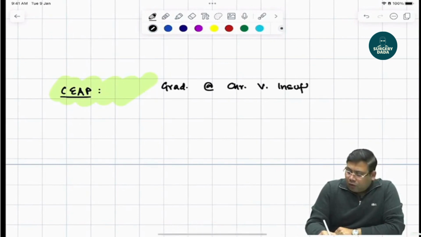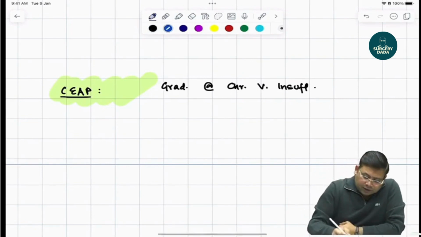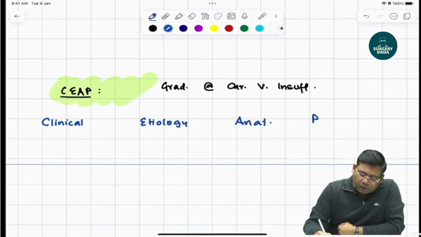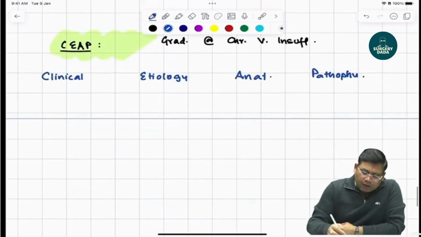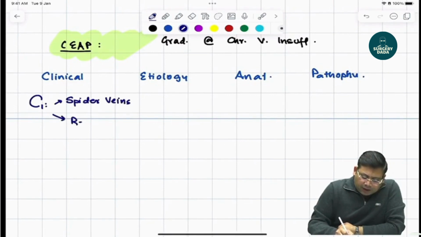C stands for clinical, E stands for etiology, A stands for anatomy, and P stands for pathophysiology. So this is very simple. Now when we talk about the C, we have C1, which includes what, students? Spider veins or telangiectasias and reticular veins.